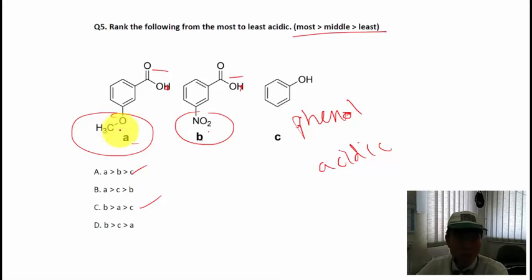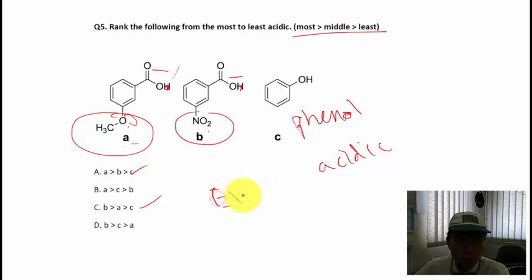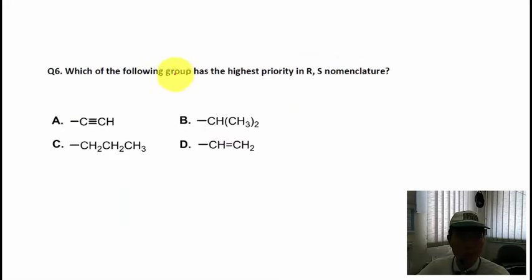But for A, this is like an ether group, a methoxy group that donates electrons via resonance effect into the ring, which will intensify the oxygen negative charge and will not stabilize it. So in general, we know that EWG increases acidity, but I've explained to you why that is so. So B is the most. C. Okay, that's the answer.